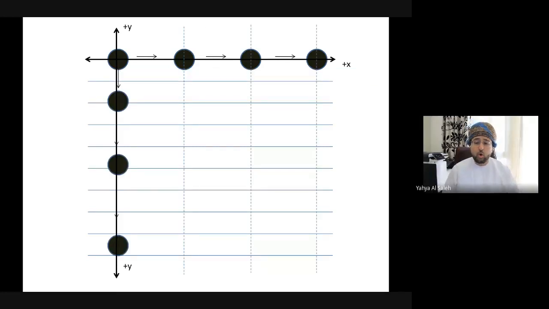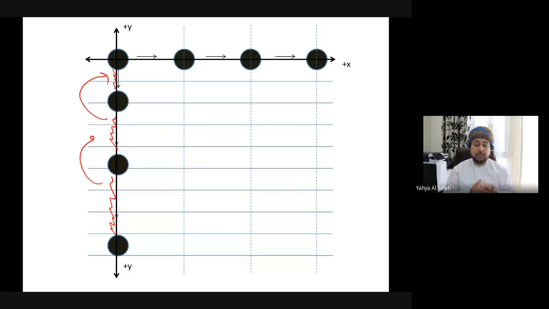So if I am looking at these two separately, what I will get is I have an acceleration downwards. So this distance is bigger than this distance, is bigger than this distance because my velocity is increasing.